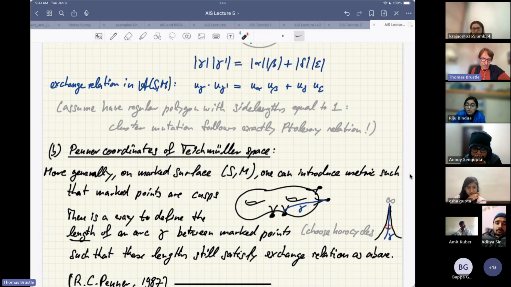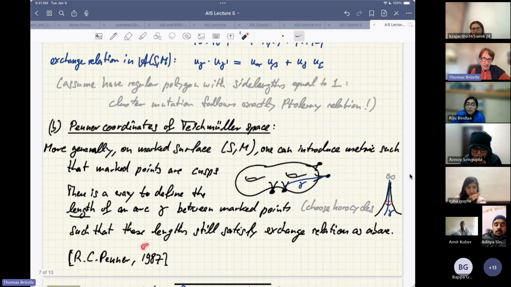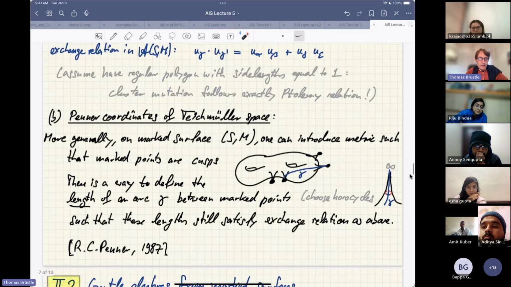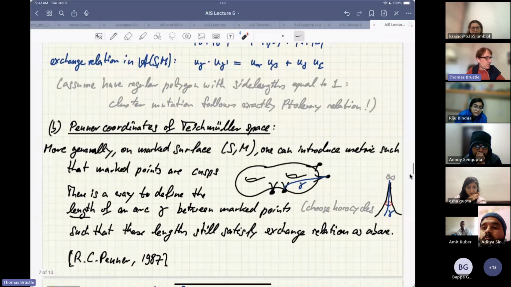But this was also 1987, so this predates any cluster algebra. So this is just to tell you that those considerations for a large class of cluster algebras have already been around. So this is my history part. That's okay for now. I will come back more to more recent history.